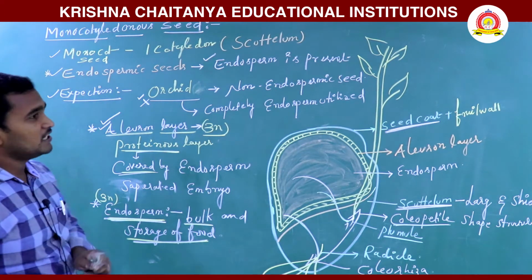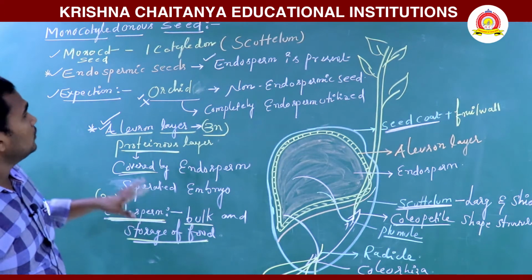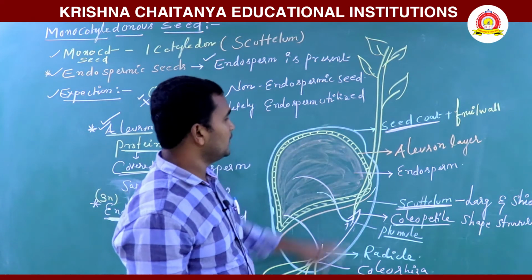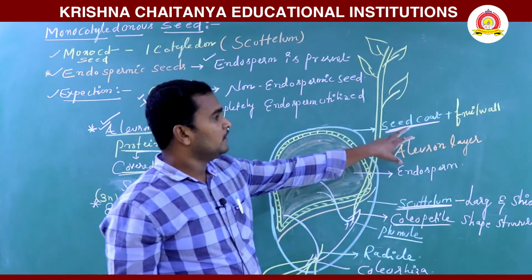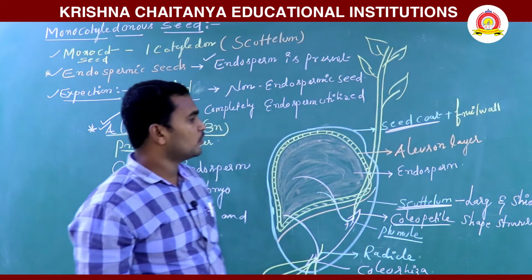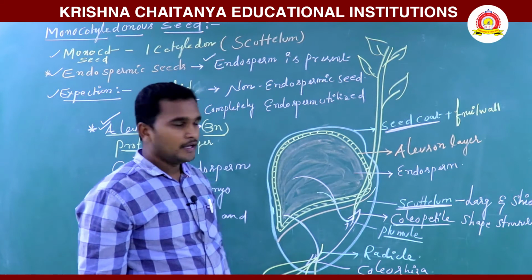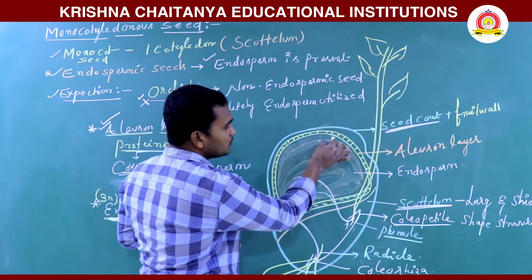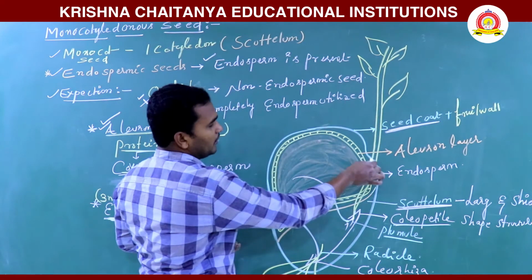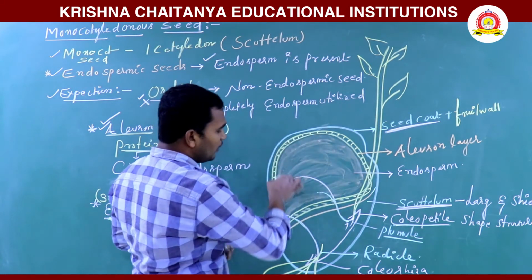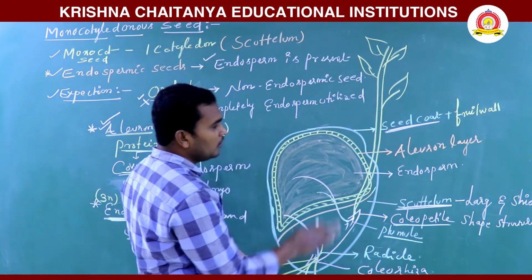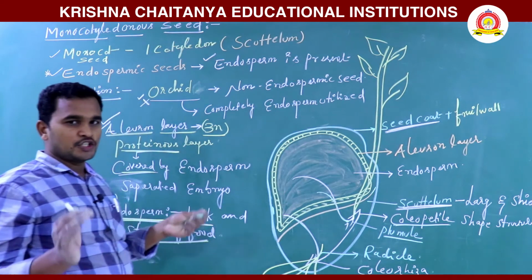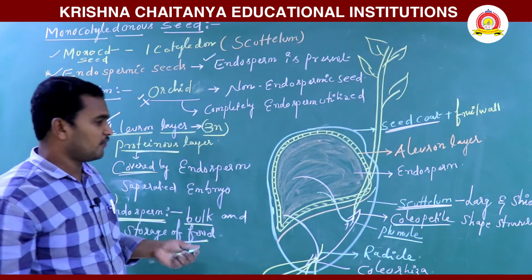I think you understood the monocotyledon seed. The main parts are the seed coat fused with the fruit wall, a membranous wall, and the aleurone layer, a protein-rich layer that covers the endosperm and separates it from the embryo. The endosperm is a large portion storing a bulk amount of food material.